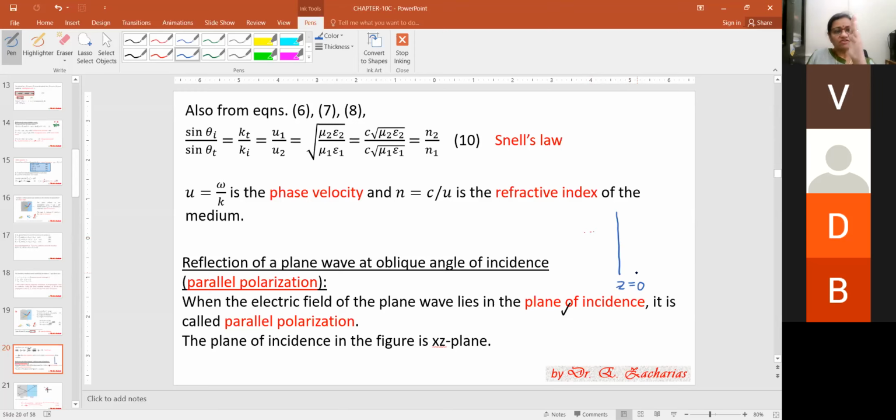It is parallel to the x-axis, and perpendicular to the z-axis, lying on z equal to 0. Is this point clear? Now, whatever is on this side is z greater than 0. Whatever is lying on this side is z less than 0. So I'm calling this medium 1, and this medium 2. Clear?